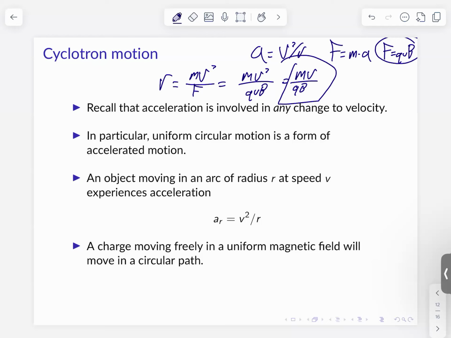The proton doesn't go in a sine wave. The proton will spiral in general, so in circular orbits in a plane perpendicular to the field. And the shape of the circle is very characteristic of stuff. What does it depend on? Characteristic of what? R is equal to what over what?